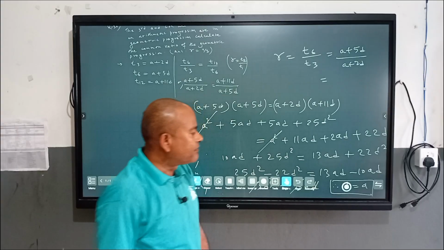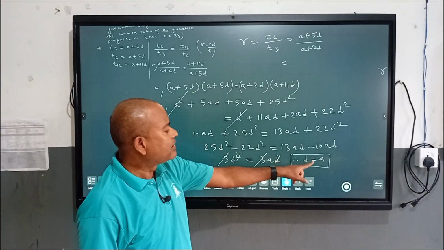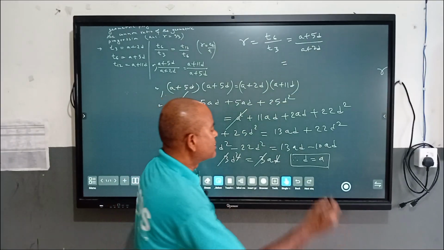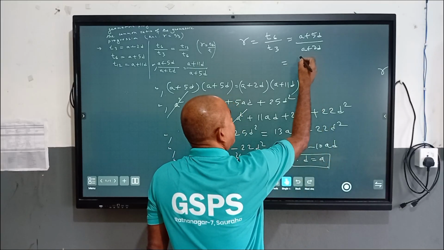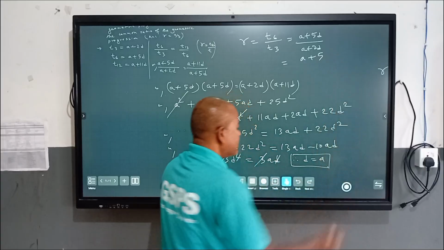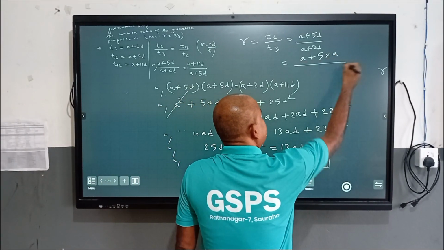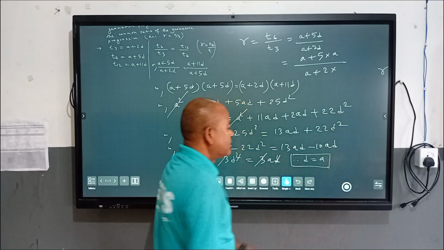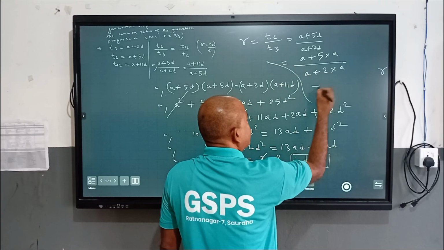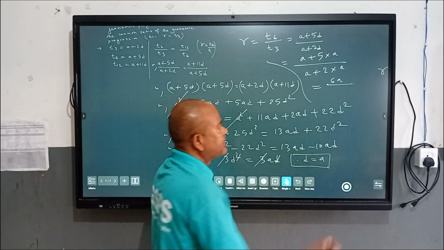So dear students, the value of A already we have got equals to D. So now we'll replace the value of D by A. So this A as it is plus 5, the value of D is equal to A, divided by A plus 2, the value of D is equal to A. So again putting the value of D equals A. So dear students, now 5A plus A we get 6A, and 2A plus A we get 3A.